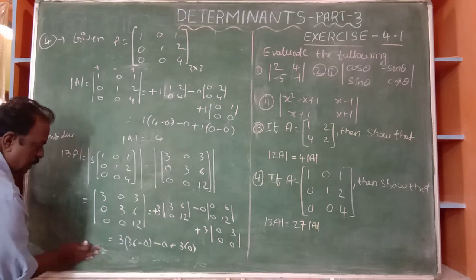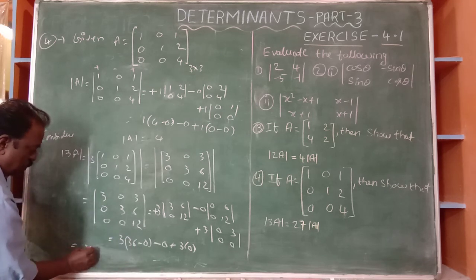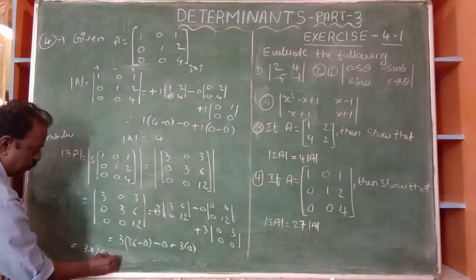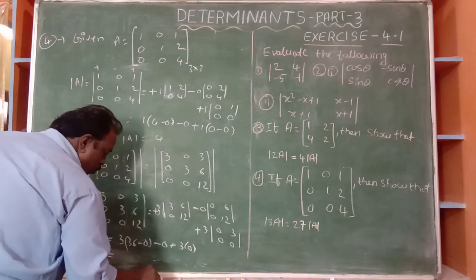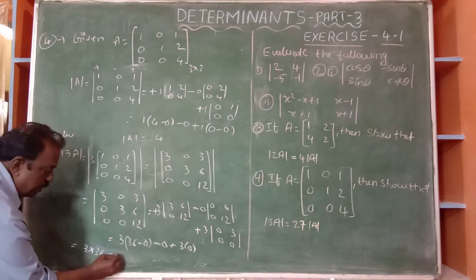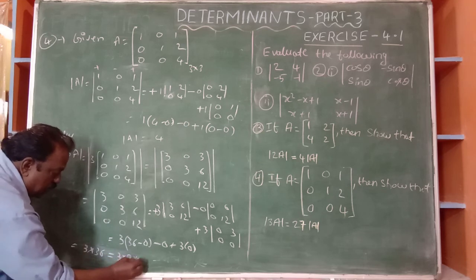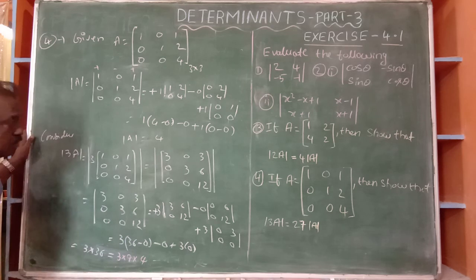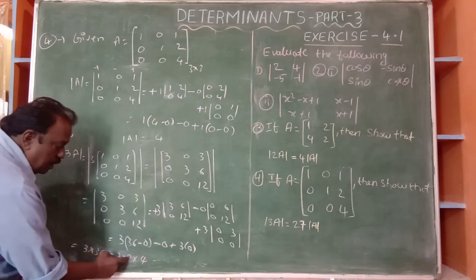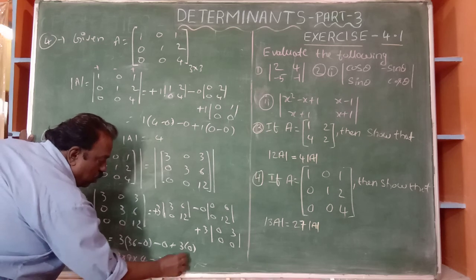So what is the answer? I am writing here. It is 3 into 36 only. 3 into 36 means, 3 into 9 into 4, can you write that? Okay? 3 nines is 27, into 4.